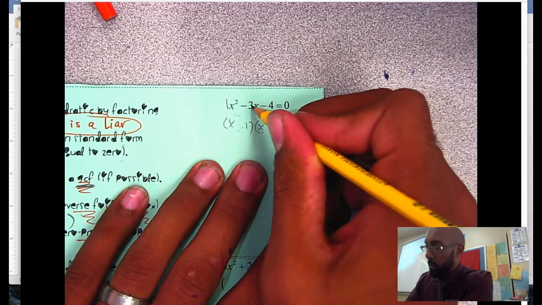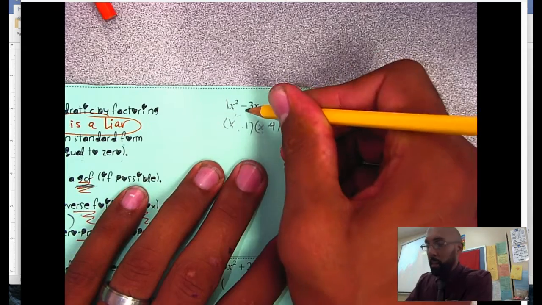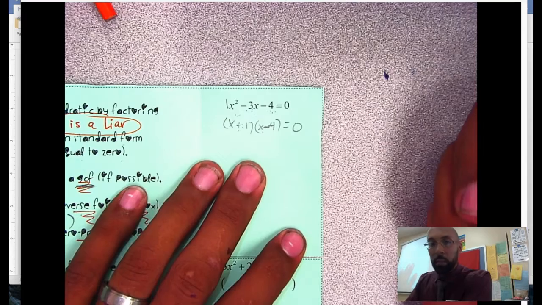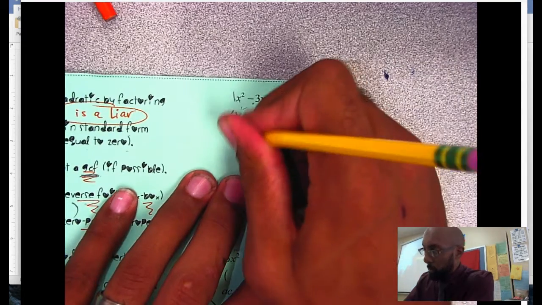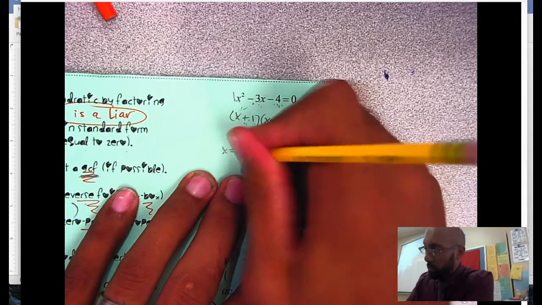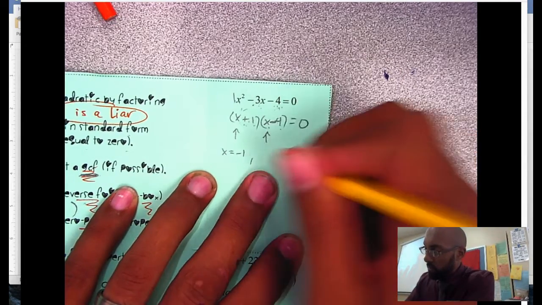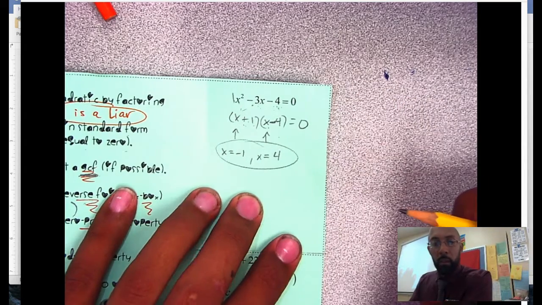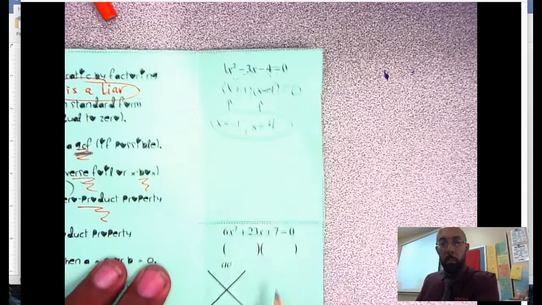Well, if they have to add up to negative 3, that means the larger number has to be minus, and the smaller one has to be plus. And now we use the zero product property. Okay, if that's plus 1, then the answer is minus 1. If that's minus 4, the answer is plus 4. And there's our solutions there. Okay, that's it, and then we'll work out number 4 in class.